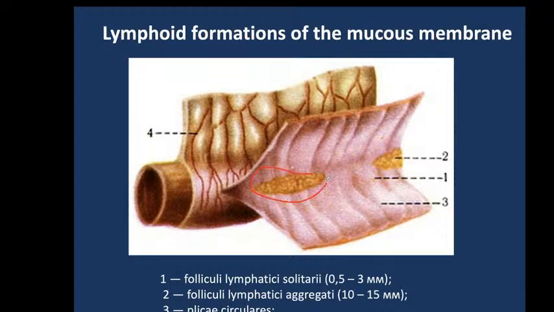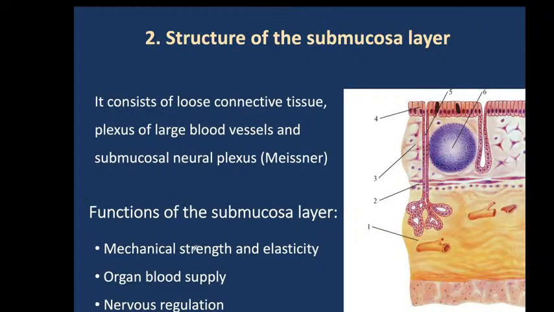A lot of such structures we could find in intestinum ileum, and they would be solitary or separated, small ones, or aggregated lymphatic follicles, and they are up to 15 millimeters in geometric size.